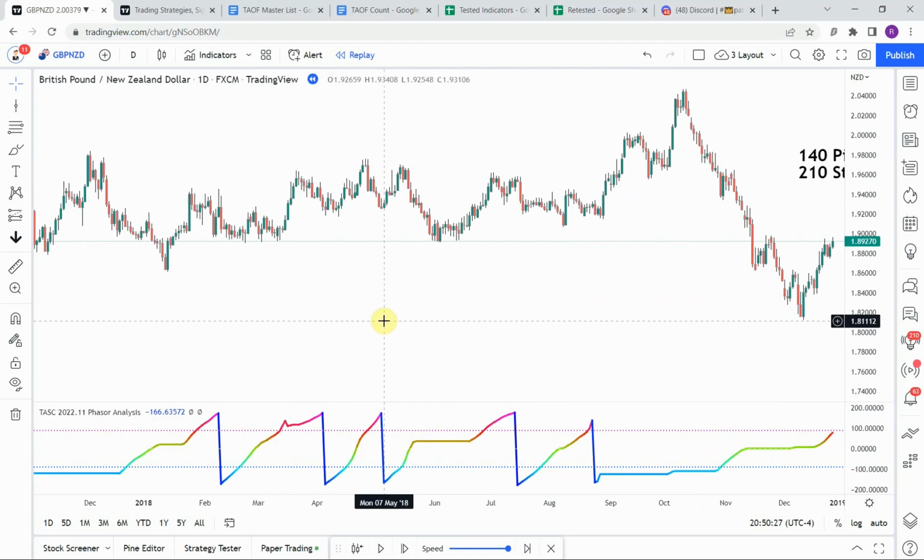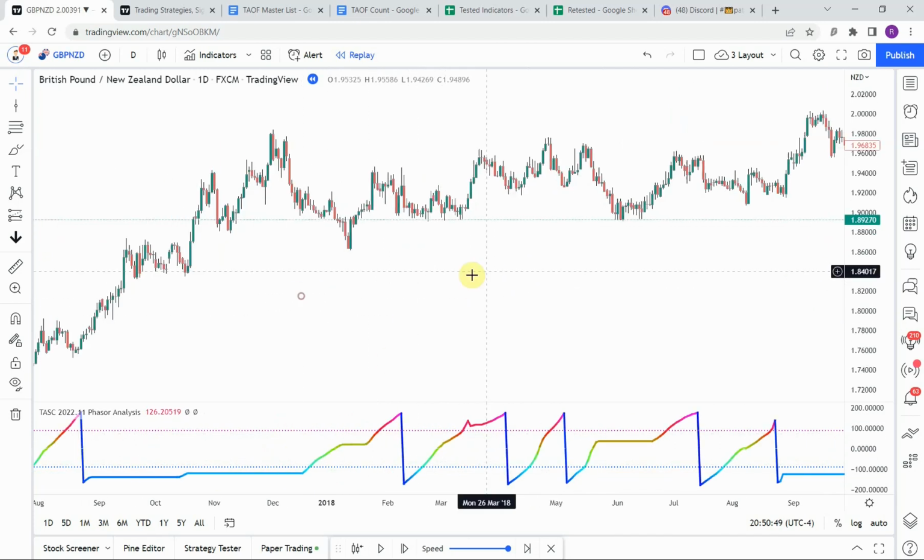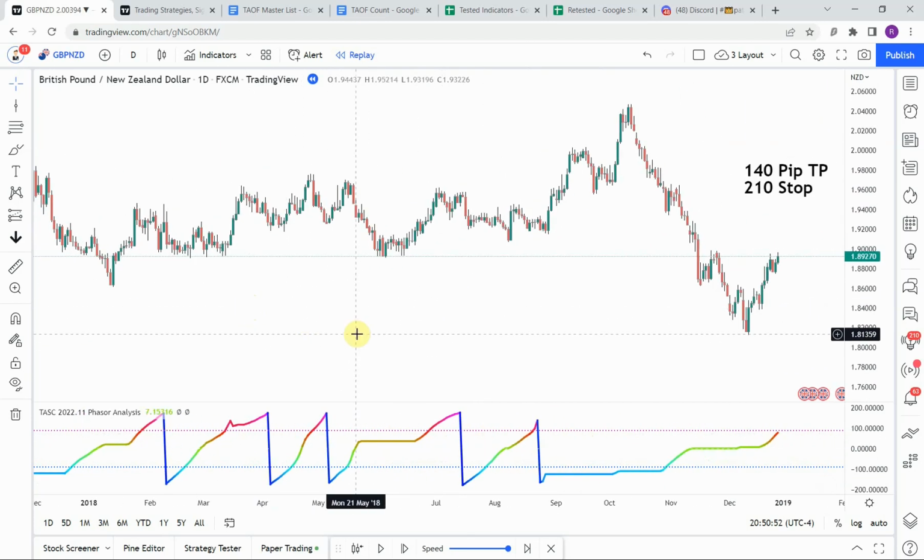And so for example, when the colored line is below the zero mark, then we are looking for long opportunities, long trade signals. When it's above the zero line mark, we are looking for short trade opportunities. Those signals come when the colored line goes pretty much straight lined or flat lined on the horizontal plane.